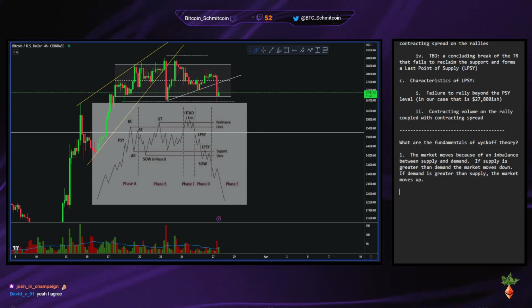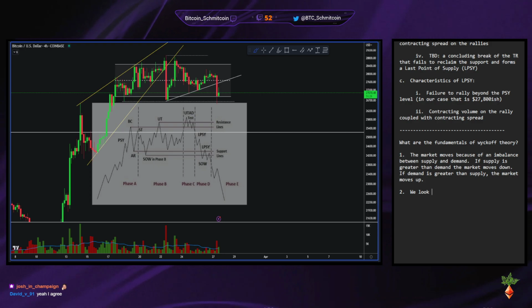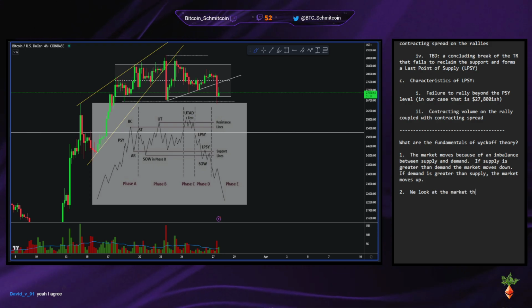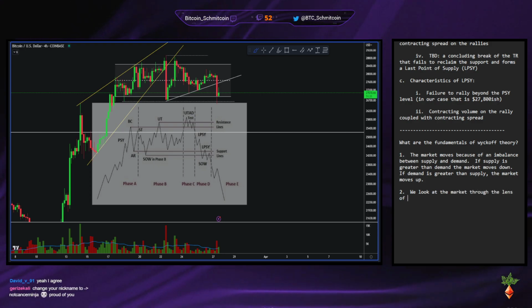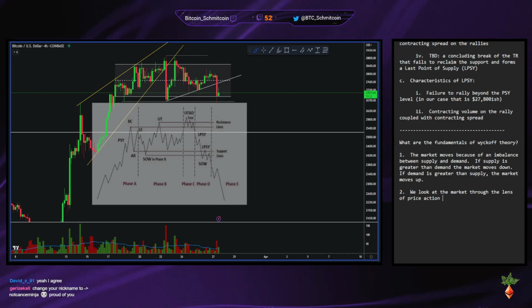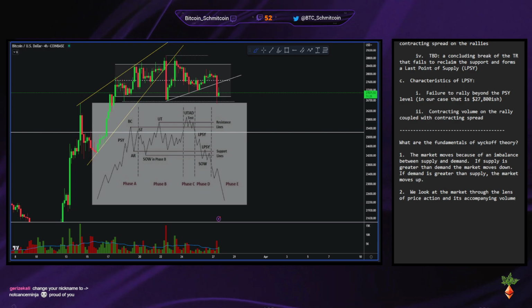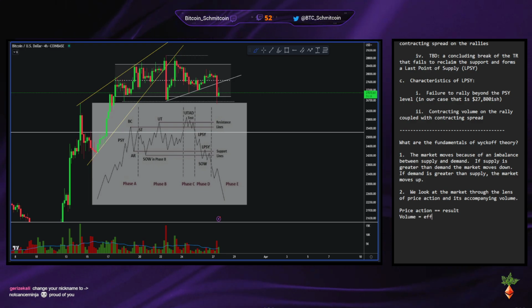So we look at the market through the lens of price action and its accompanying volume. Okay, and when we look at price action, price action equals results, volume equals effort.